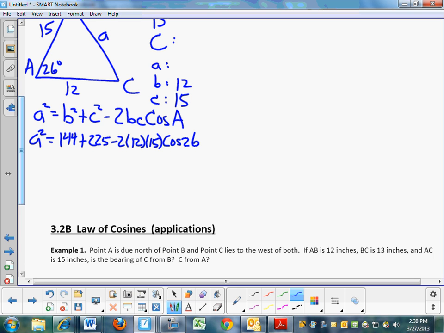And you could just type it right into your calculator just like that with your parentheses and everything, and you'll get a result for A squared. So type it in and see what you get. Let's do it all in one step. Just throw it in there.